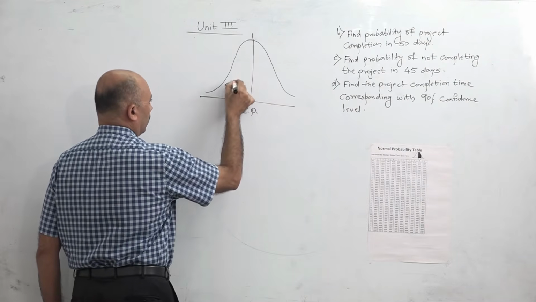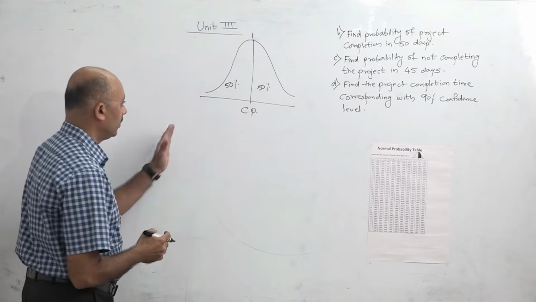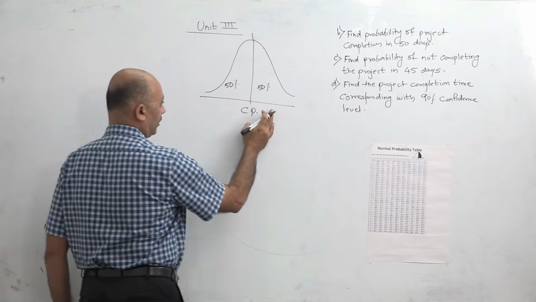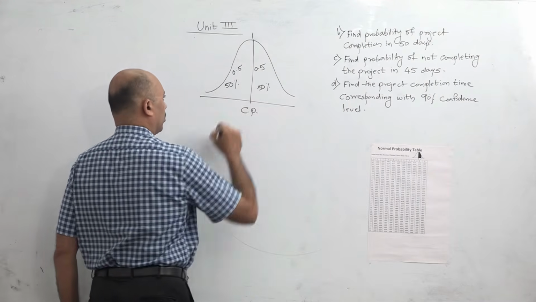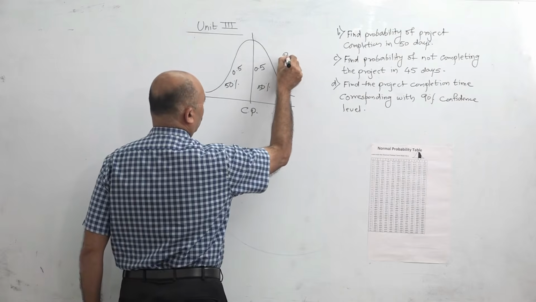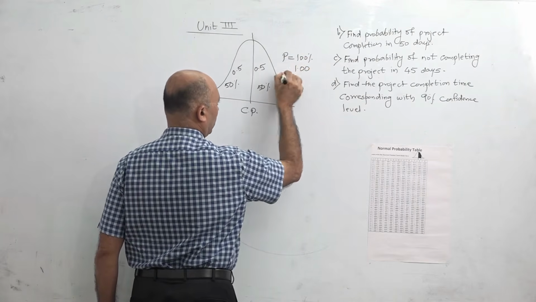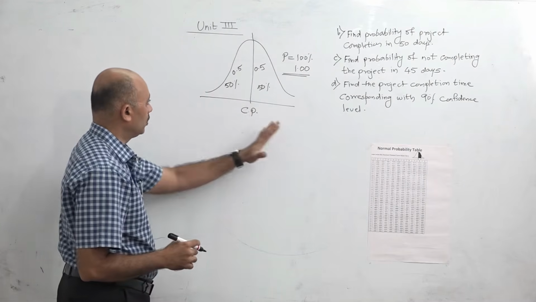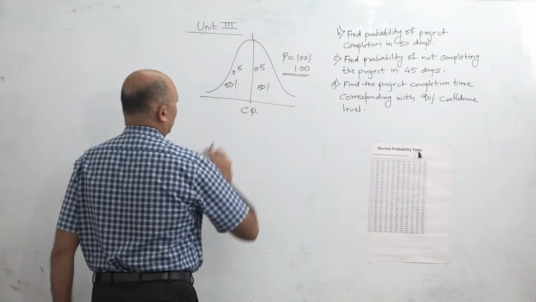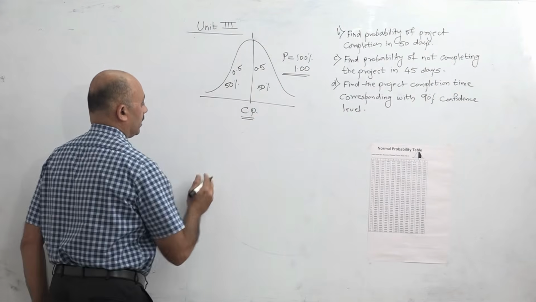The total area of the curve is 100% and it is equally distributed on both sides, 50% and 50%, or you can say 0.5 and 0.5. The total probability value is 100%, or in decimal it is 1.00. So the center line of the curve divides the curve in two equal parts, 0.5 and 0.5, and the critical path is at the center line.